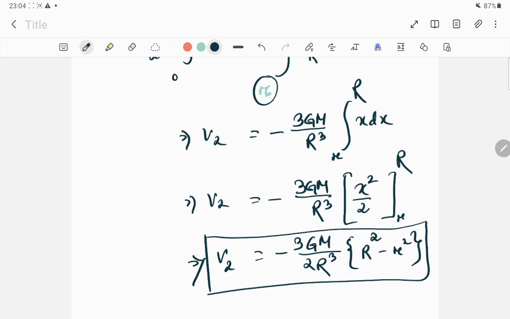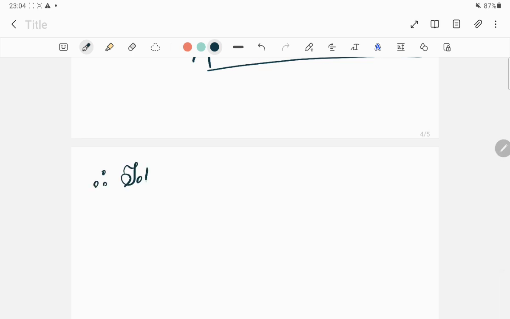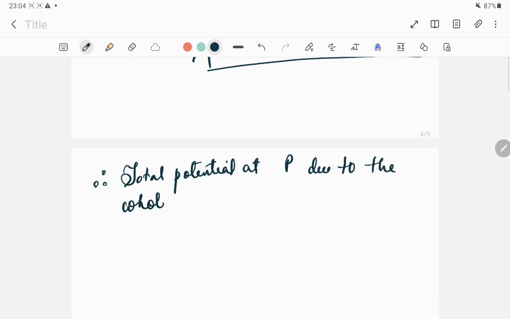Therefore, the total potential. So how to find out? Therefore, total potential at P due to the whole solid sphere is V equal to V1 plus V2.